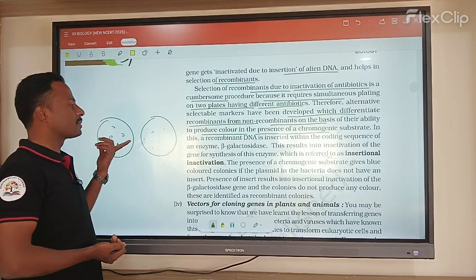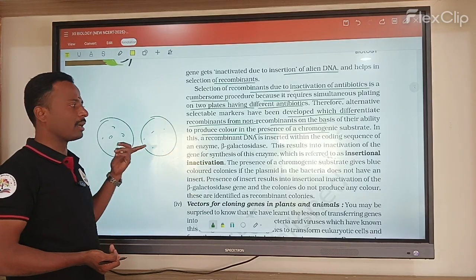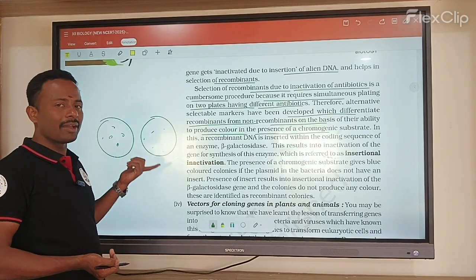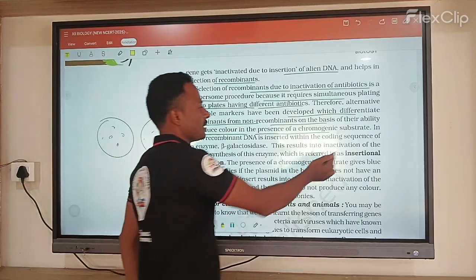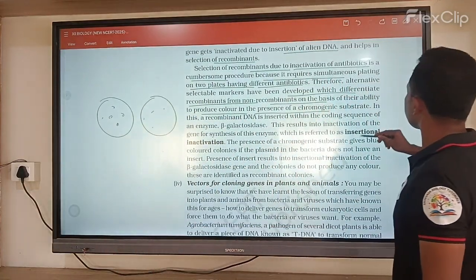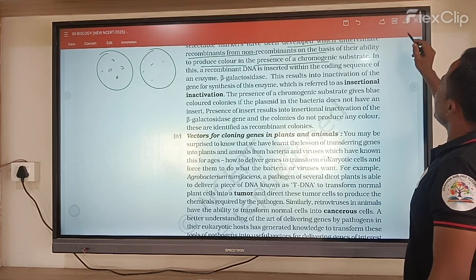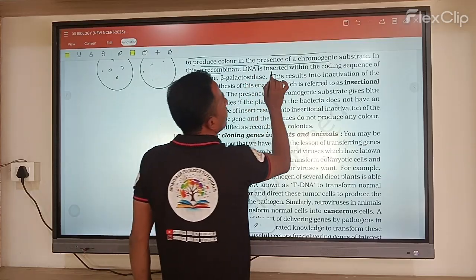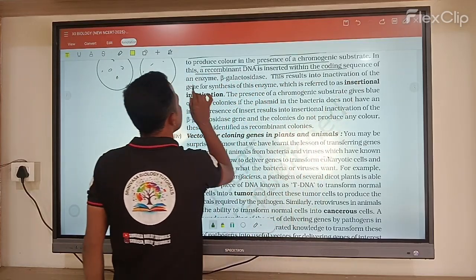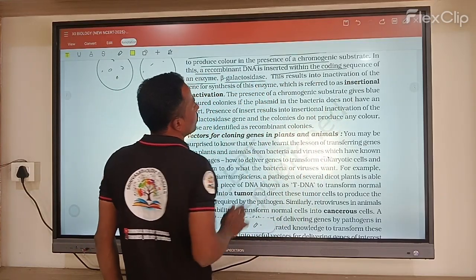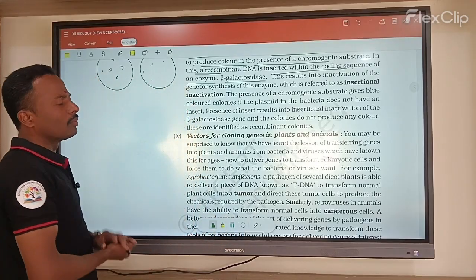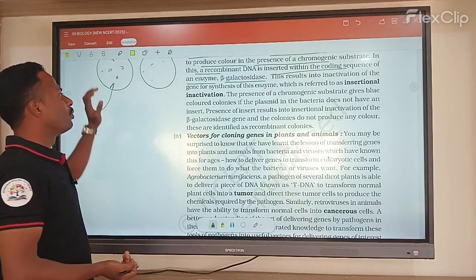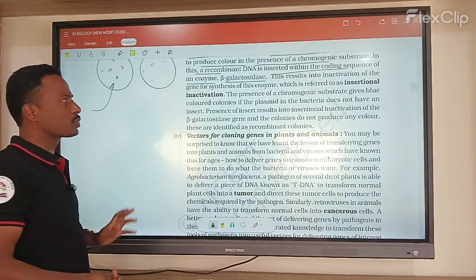If color is produced or not produced, okay now. The color forms because a chromogenic substance is present. Okay, next, the recombinant DNA has an insertion within the coding sequence of an enzyme, beta-galactosidase. Once it is introduced, what happened?